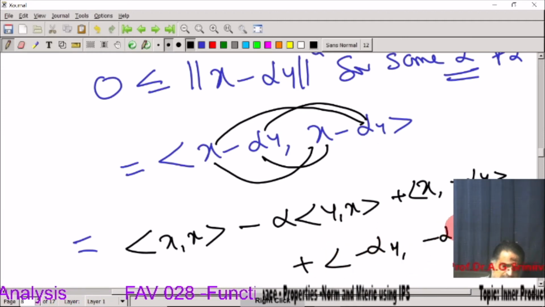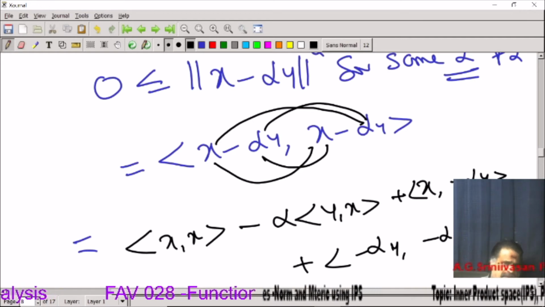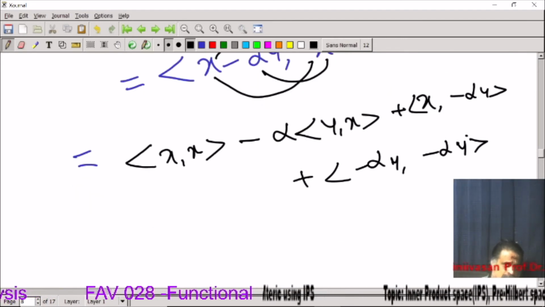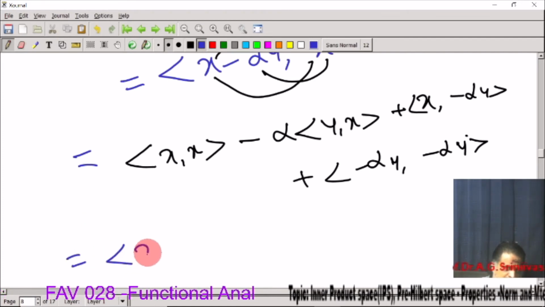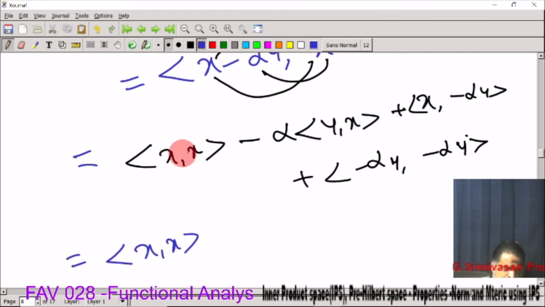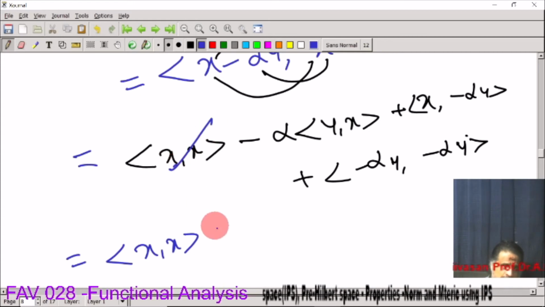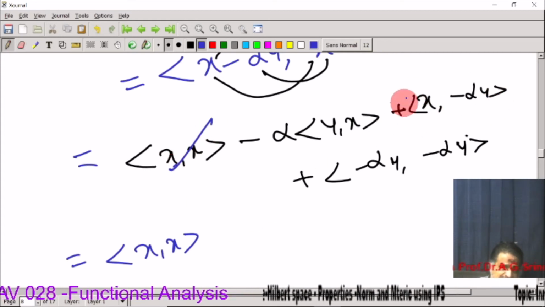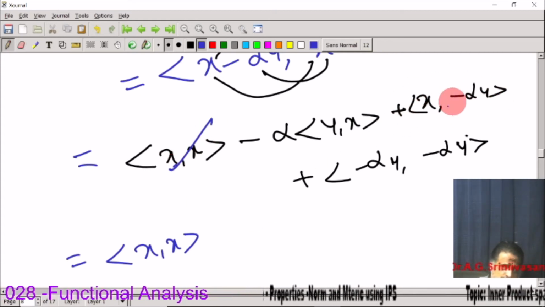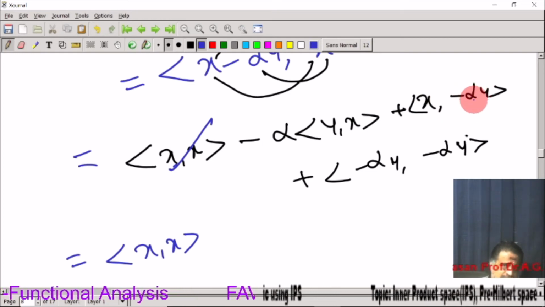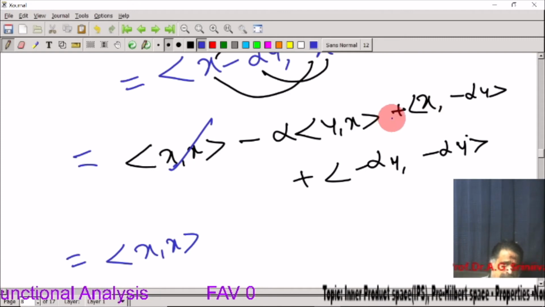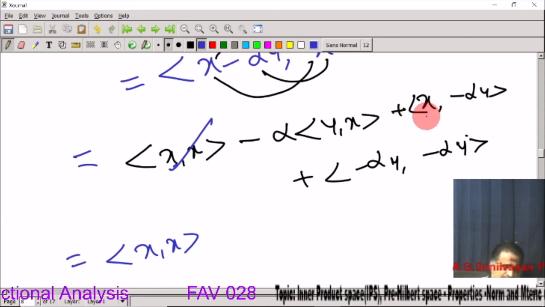We expand the inner product by using the properties and definition of inner product. Now let's take this first. This is equal to inner product xx. So I'm not disturbing this. This is over. Now what I will do is I will take this. Now this alpha is in the second component. So I will pull alpha out from this. Therefore it becomes alpha bar with a minus sign.